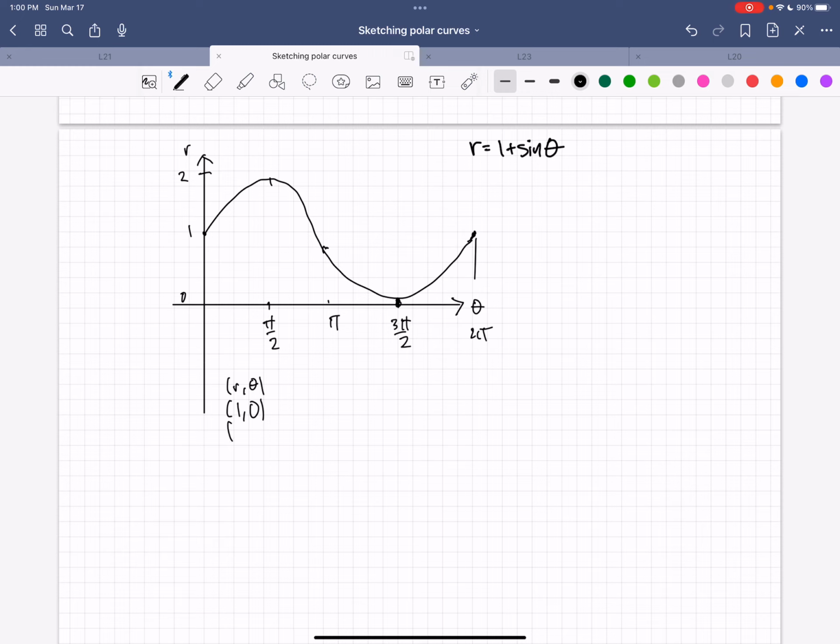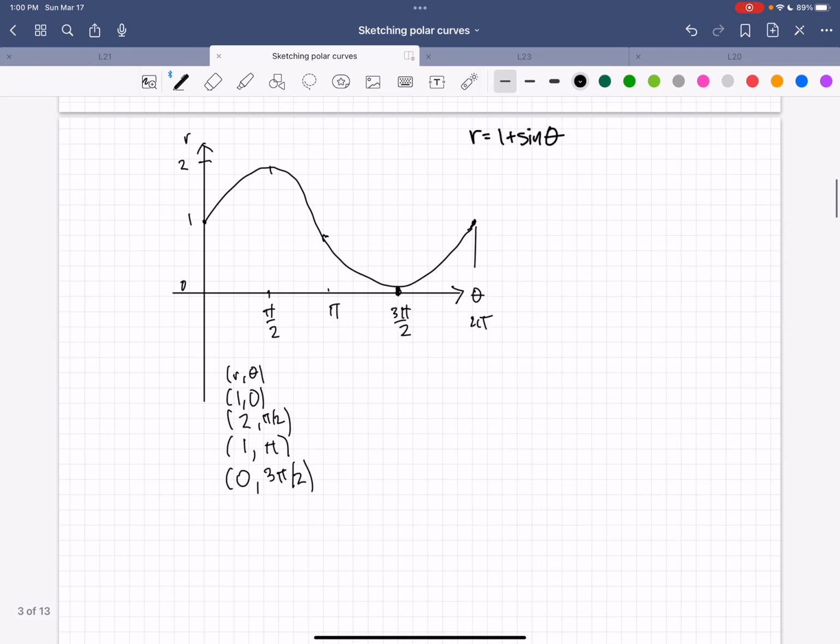Then when theta is pi over 2, r is 2. Then we have a radius of 1 again at pi. We have a radius of 0 at 3 pi over 2. And then at 2 pi we get back to that 1.